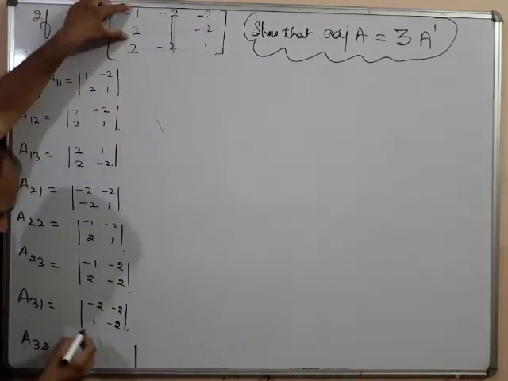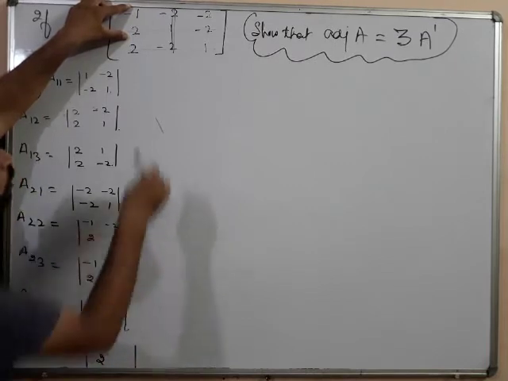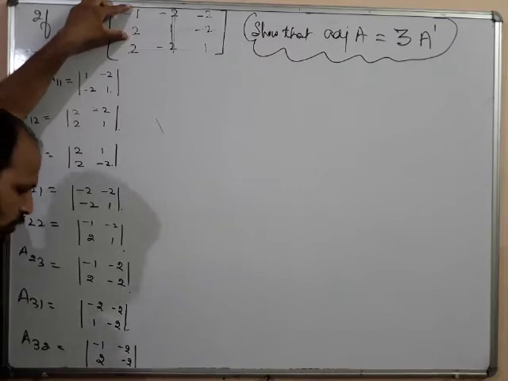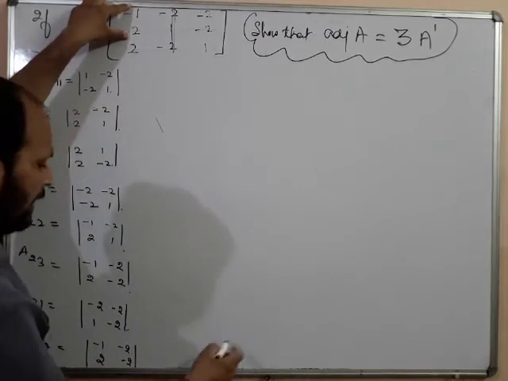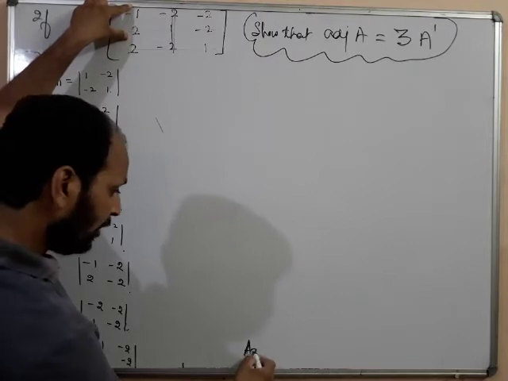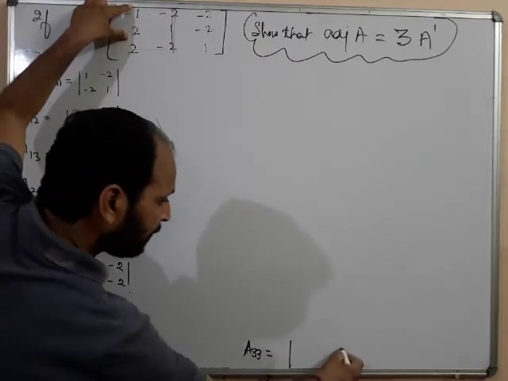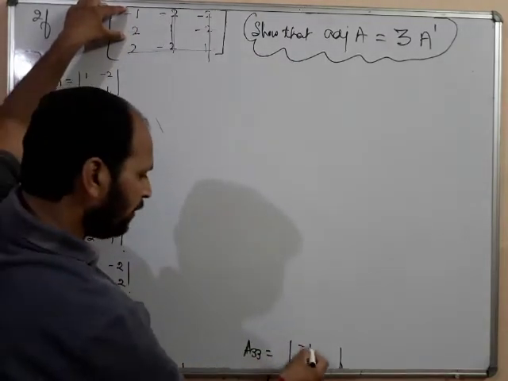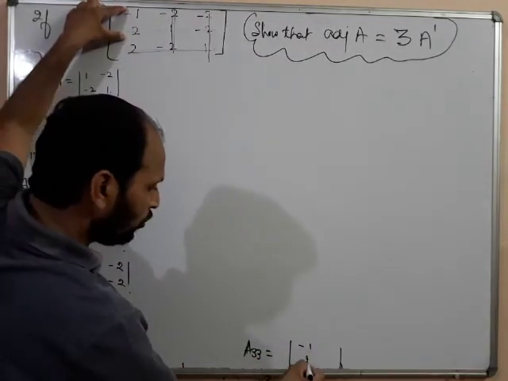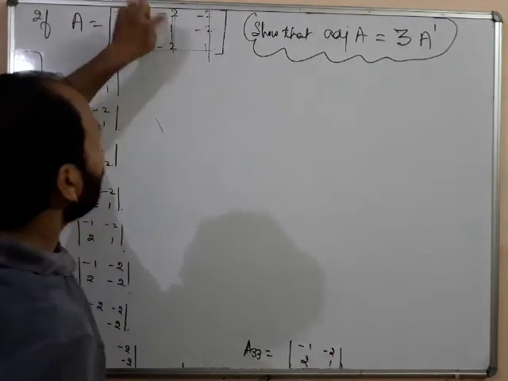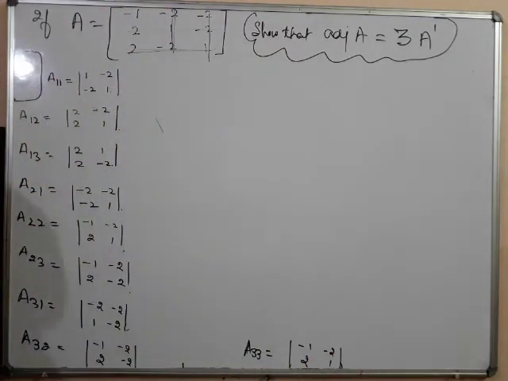We will get here minus 1 2 minus 2 and minus 2. Clear? And last is A33, will be here minus 1 2 minus 2 and 1. Clear? I have prepared all the determinants.